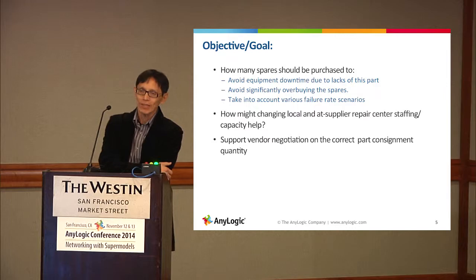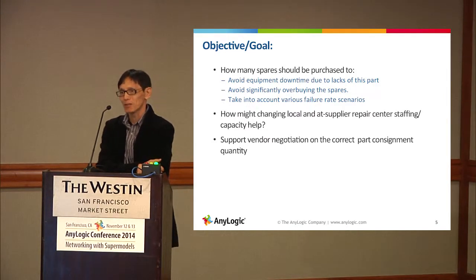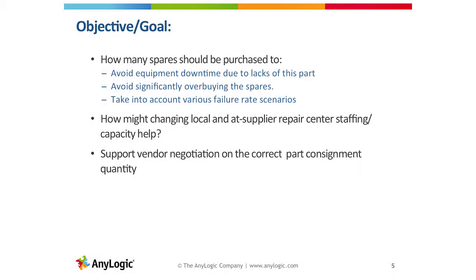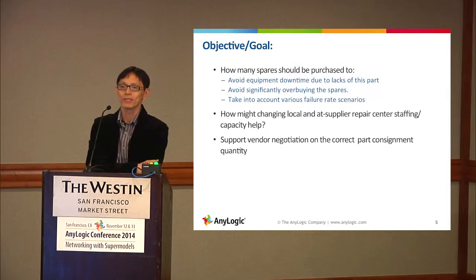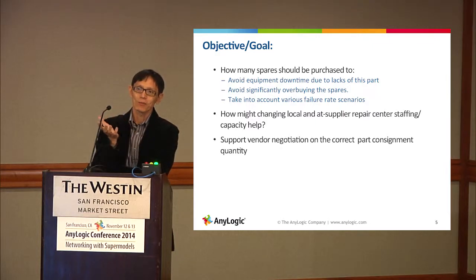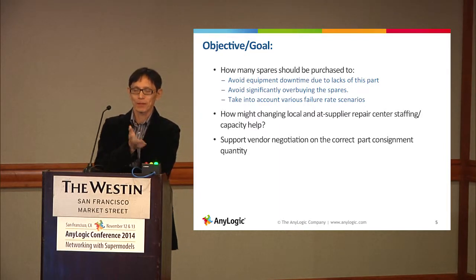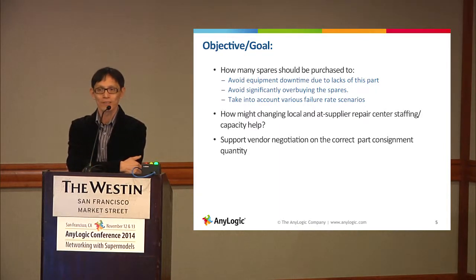The other thing we want to look at is increasing staffing, the resources at the local site and the vendor's repair center, to see if we can improve the situation by just increasing the resources that can be put on to fix those parts.